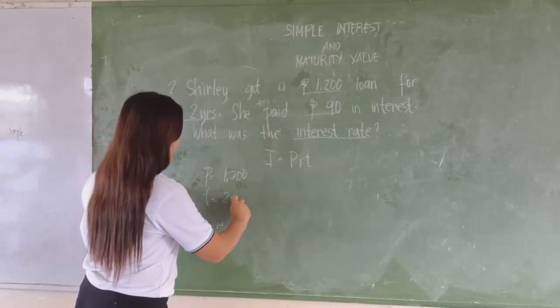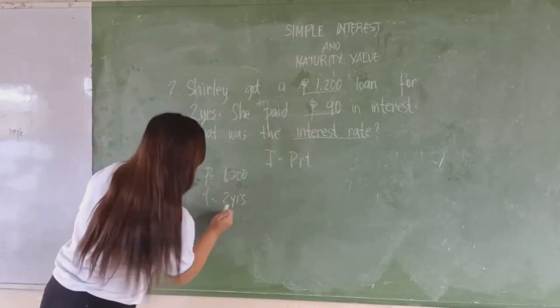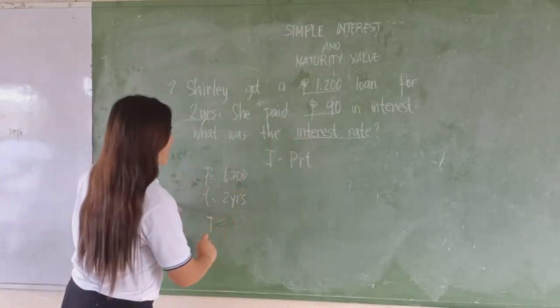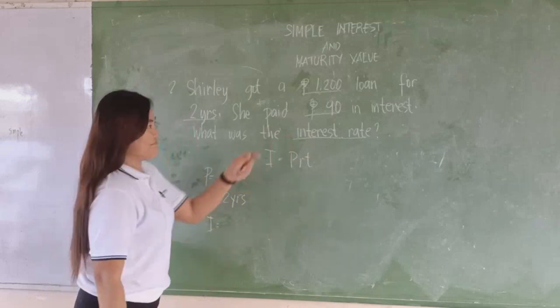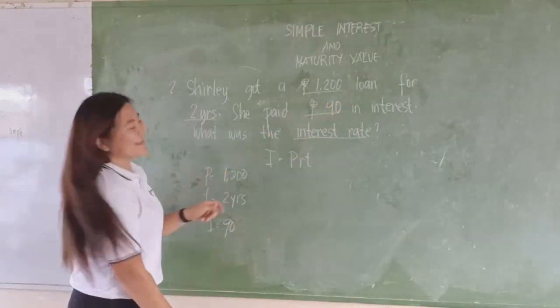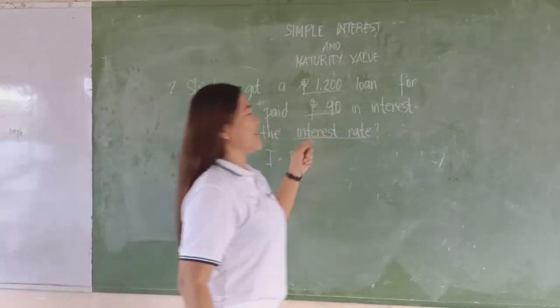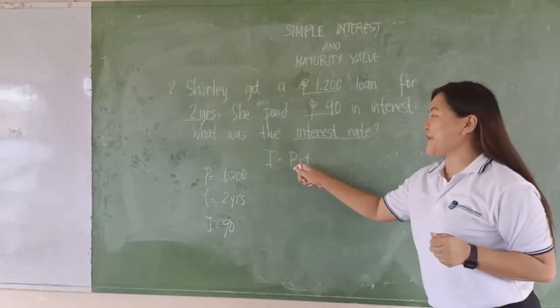And last, interest rate is R, and the interest is 90. So, ngayon, ang hinahanap natin is interest rate. Pero, ang formula natin is I is equal to PRT.